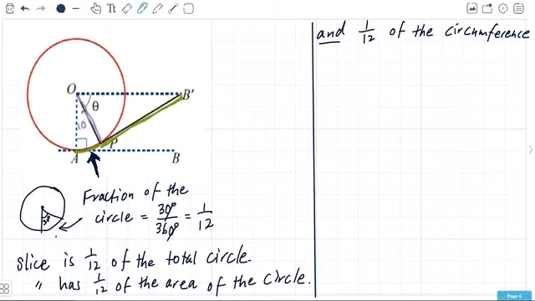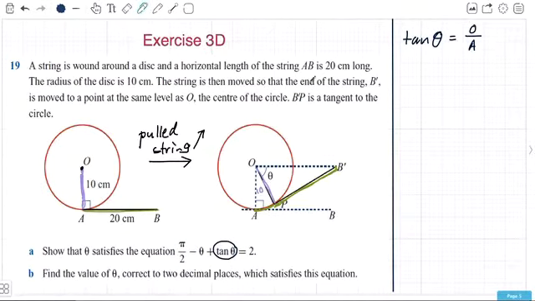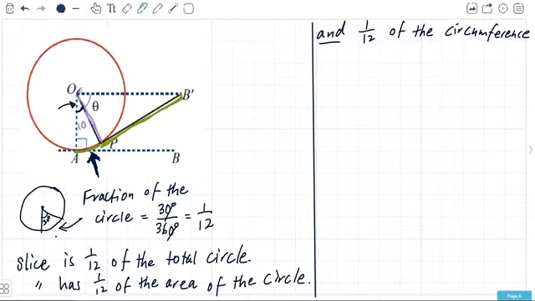Now what we need is a bit of information. Firstly, we need something about this angle in here. Going back to the question, the string is moved so the end of the string is at the same level as O. So that's right here. So we've got a straight line, and I've also got a straight line going down. So what you can see is that this is actually a right angle here. This is 90 degrees altogether.